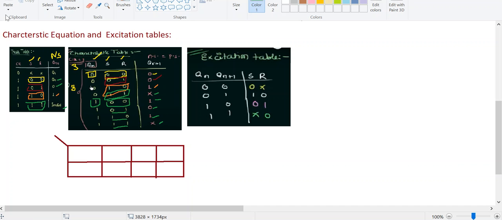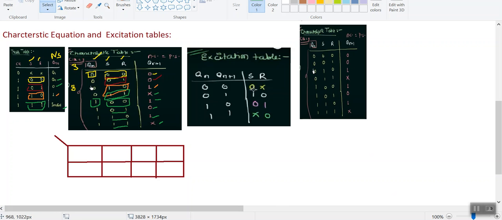In order to have that excitation table, again I will choose the characteristic table. For this excitation table, again I considered my characteristic table.